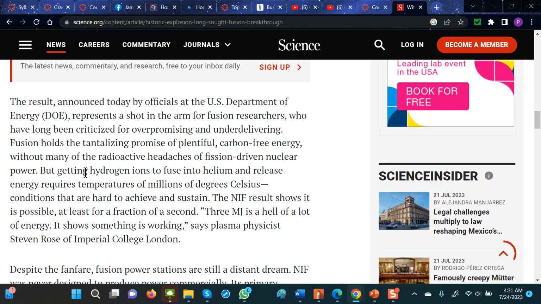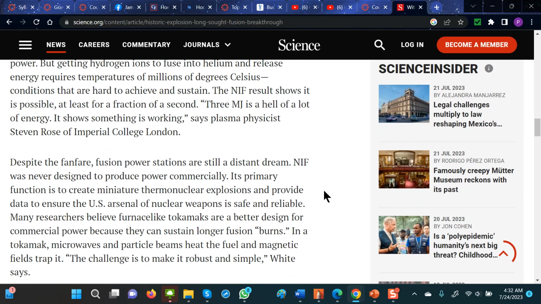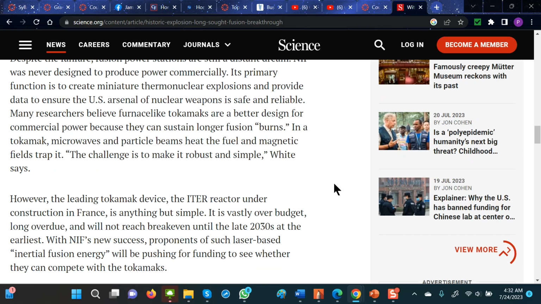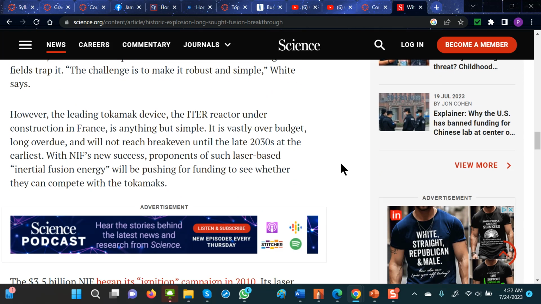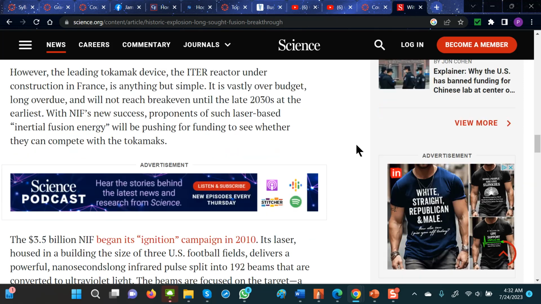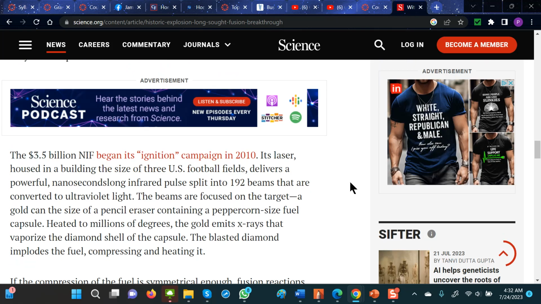Basically, they allowed hydrogen ions to fuse into helium and release energy, which requires temperatures of millions of degrees Celsius. That is very hard to achieve, as I said before, but they actually achieved this. I'm looking for the section where they talk about how they did it. If I remember correctly, they encase the nuclei in diamond.